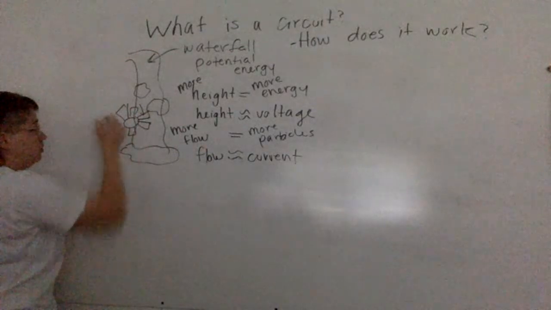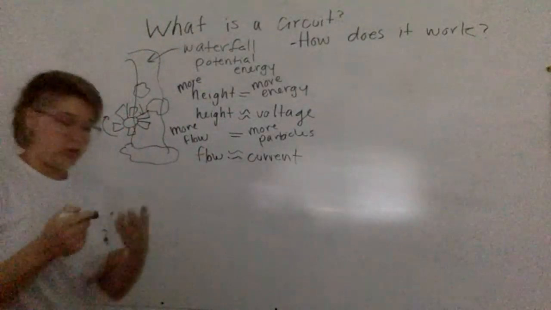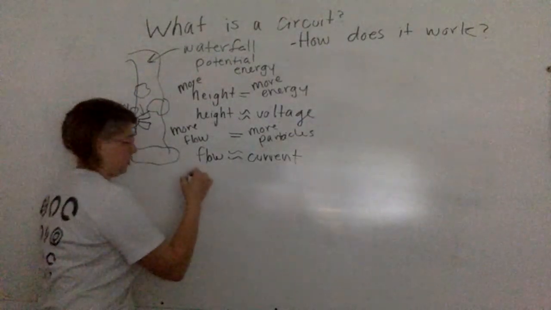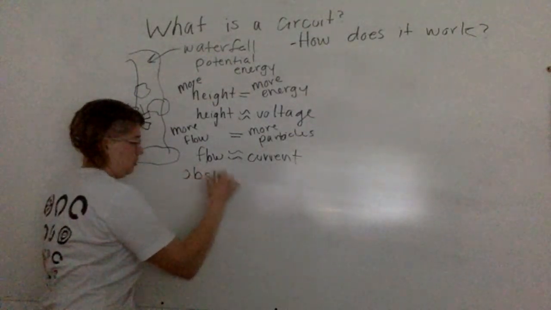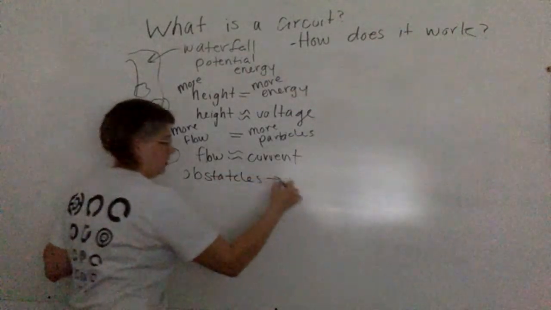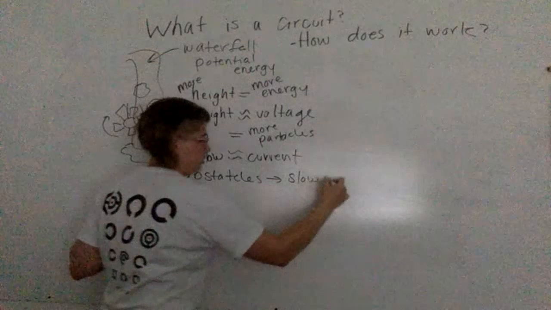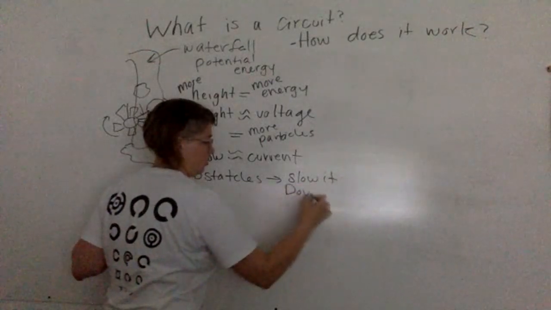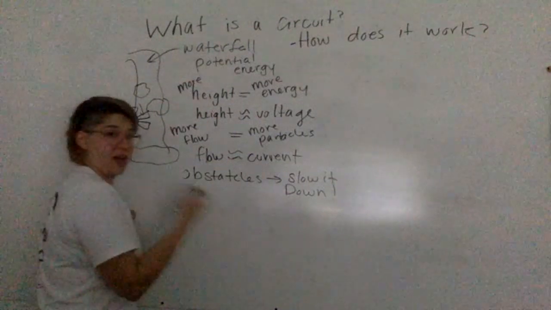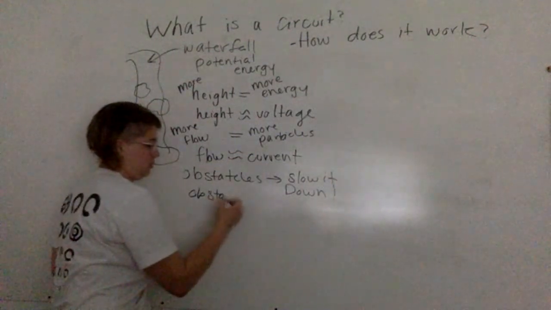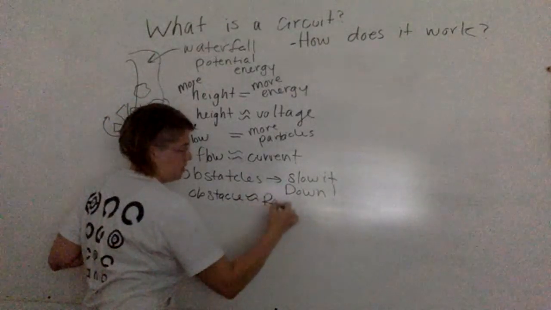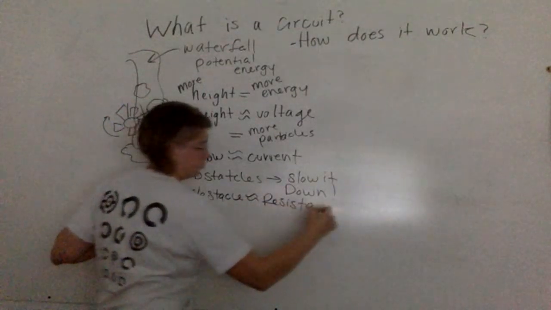As we add more rocks and paddle wheels and things in the way, that's our resistance. The more obstacles we have, the more it's going to slow down. Any obstacles in the path of our waterfall are like the resistance that we saw in the circuit.